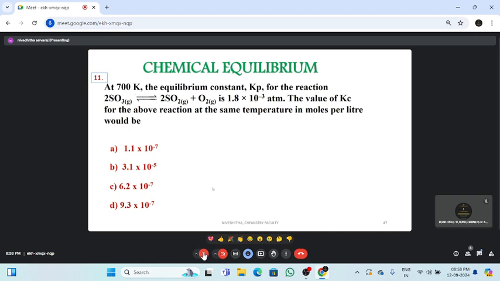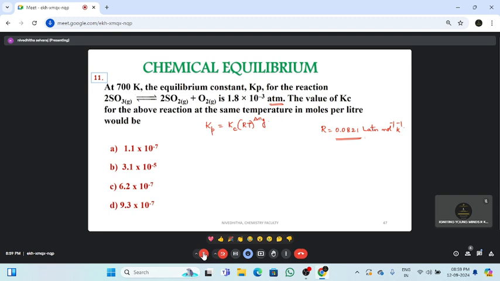What is the relationship between Kp and Kc? Kp is equal to Kc into (RT) power delta ng. Here you have to use the value of R in terms of atmosphere. So R is equal to 0.0821 liter atmosphere per mole per Kelvin. So you can find the value of delta ng.